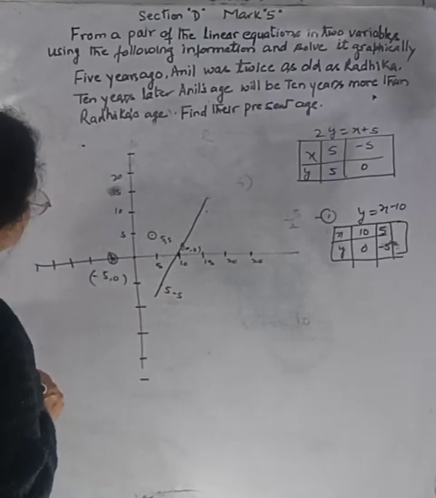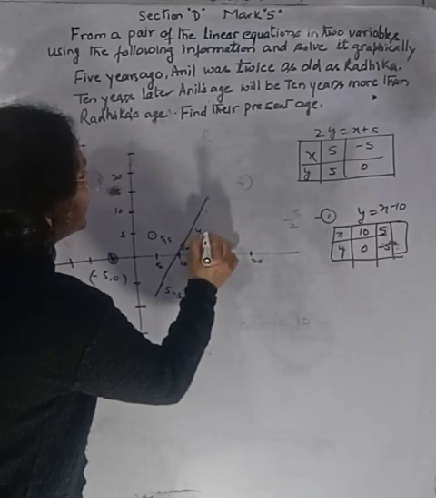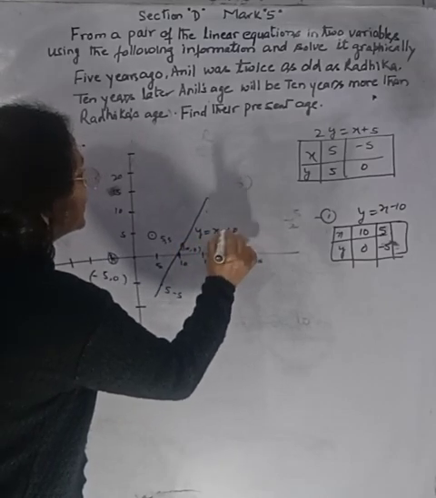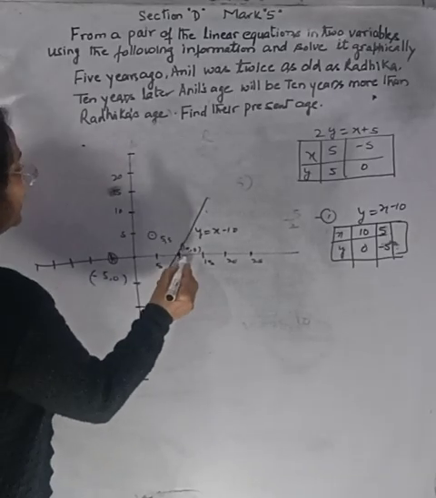Okay. This is the equation. For the equation, y is equal to x minus 10. Okay. This is the point, this point, and this point.